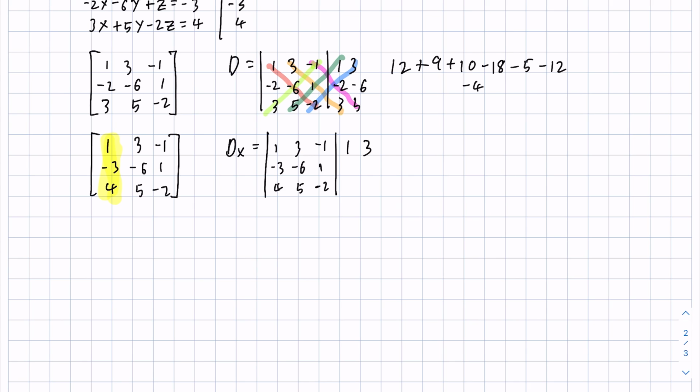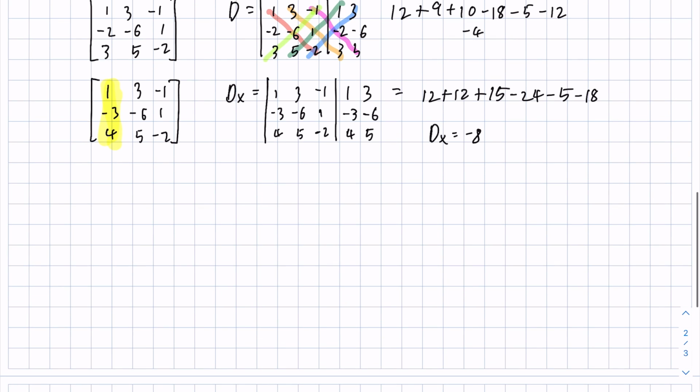So 1, 3, -3, -6, 4, 5. Let's quickly solve this. 12 plus 12 plus 15 minus 24 minus 5 minus 18. So Dx is equal to -8. So we got Dx.